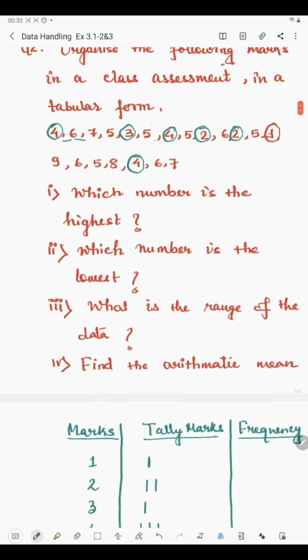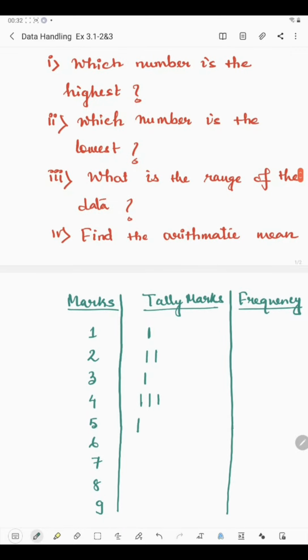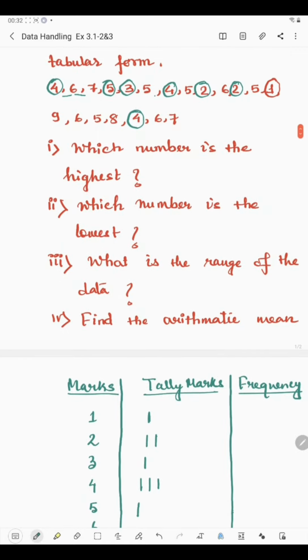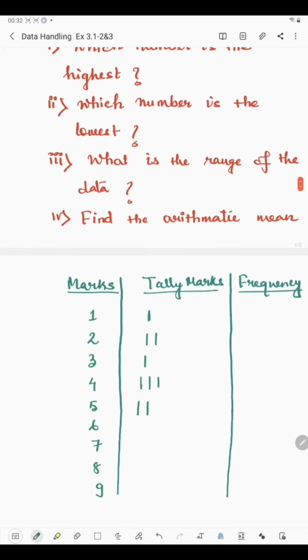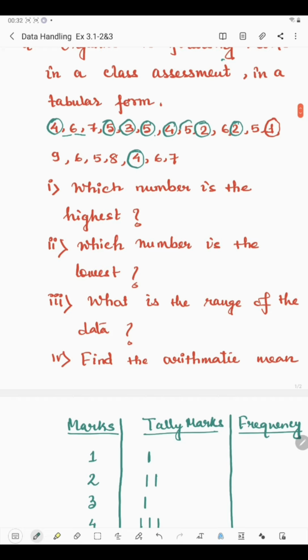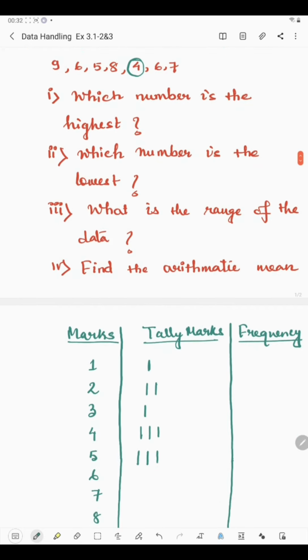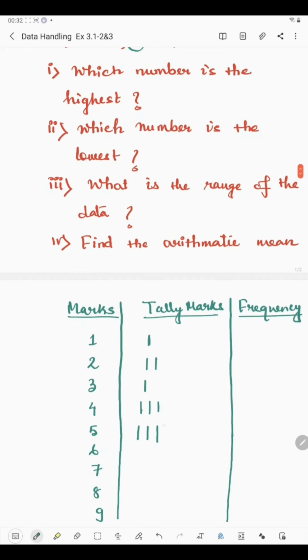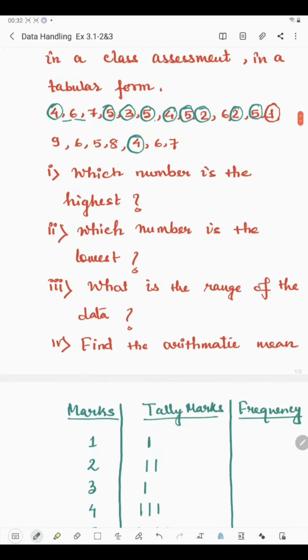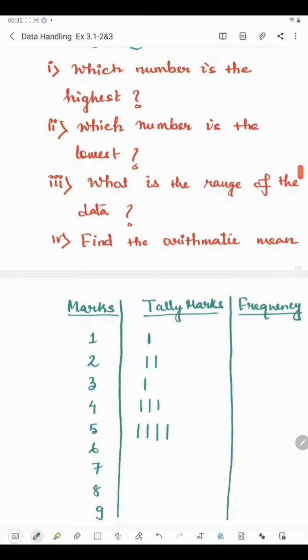Okay, now 5, here is 1, so against 5 we will draw the stick, so here is again 5, so 2, then here is 5, then here, so one more, then here also, so it's 5, so the 5th tally mark will come like this.